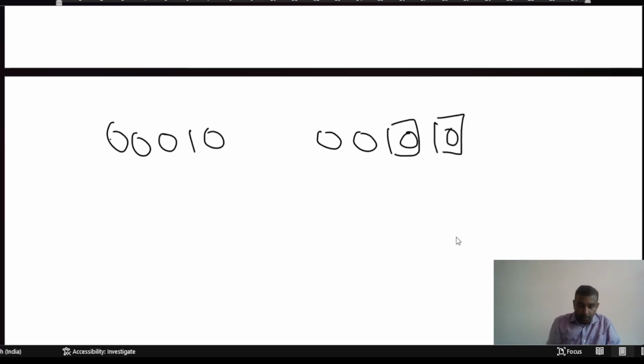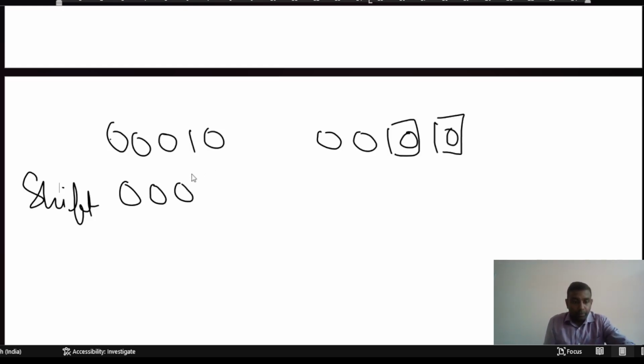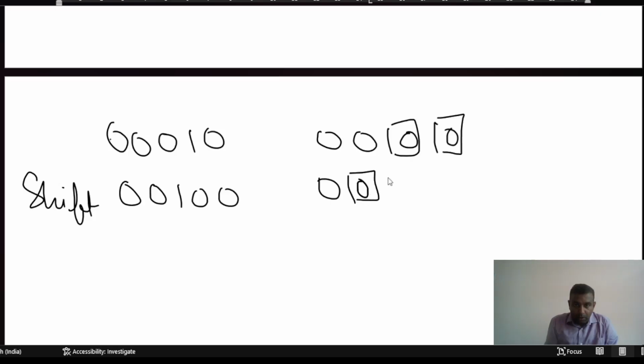Then we will perform the shift operation again: 1 0 0 0 0 0. After the shift operation we will get the last blank bracket, that is Q0.